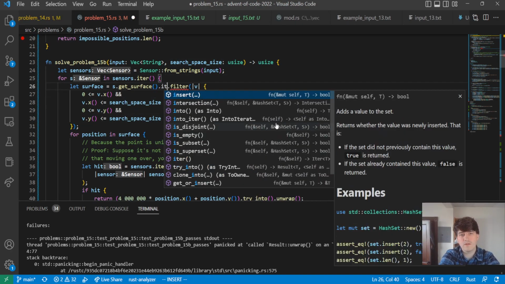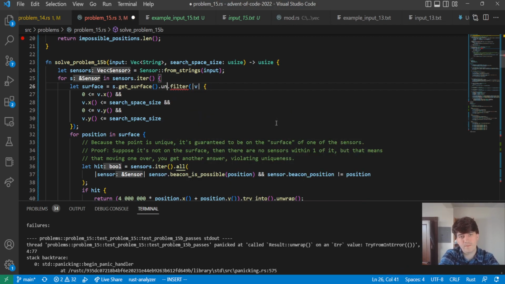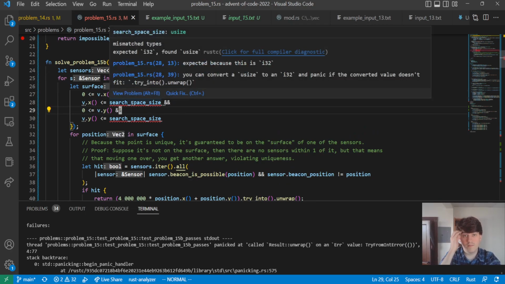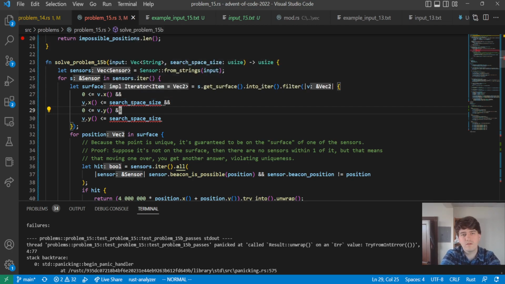And this can be dot into there. And we can't compare I32 to a search space size as I32.